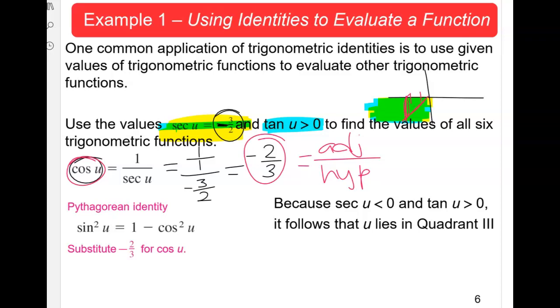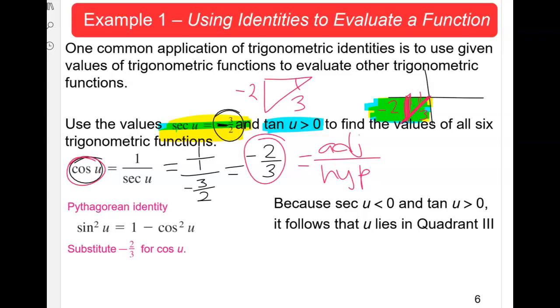So this is going to be a negative 2, and this is going to be a 3. I know if I move it as a triangle, it should be a positive 2, but I just don't want us to forget the fact that it's negative because we are in quadrant 3. And so the angle will be here, if we were using a reference angle, of course.